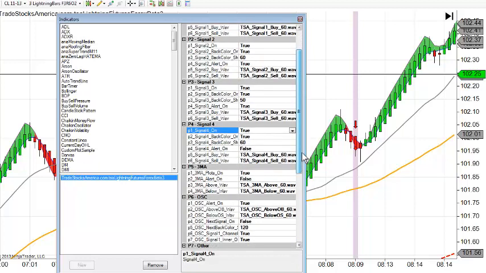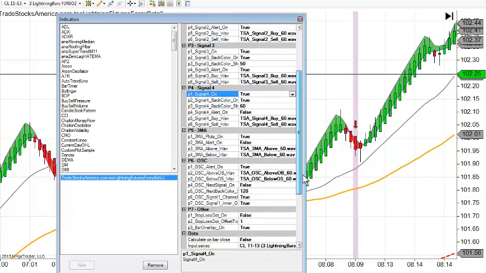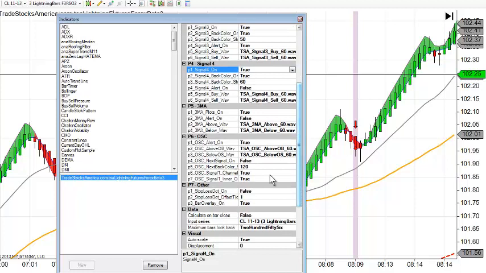Okay. Now to go on a little further, you can come right in here where it says OSC, and you can have these questions whether you want this signal, this false or this true, and these are combinations which you can experiment with for what looks good to you on your chart. I personally have false, true, and true on these questions in OSC.